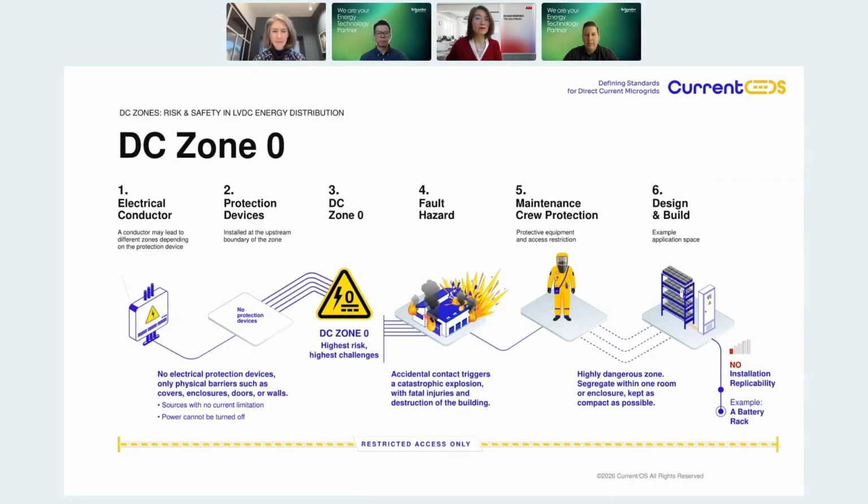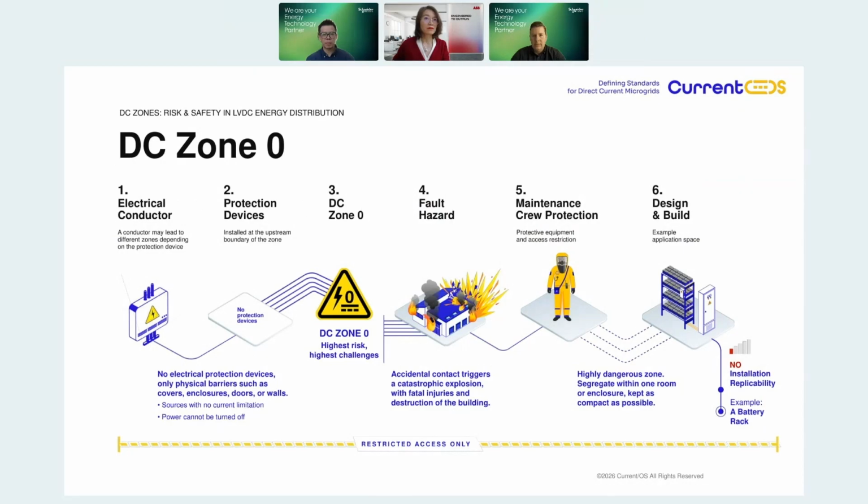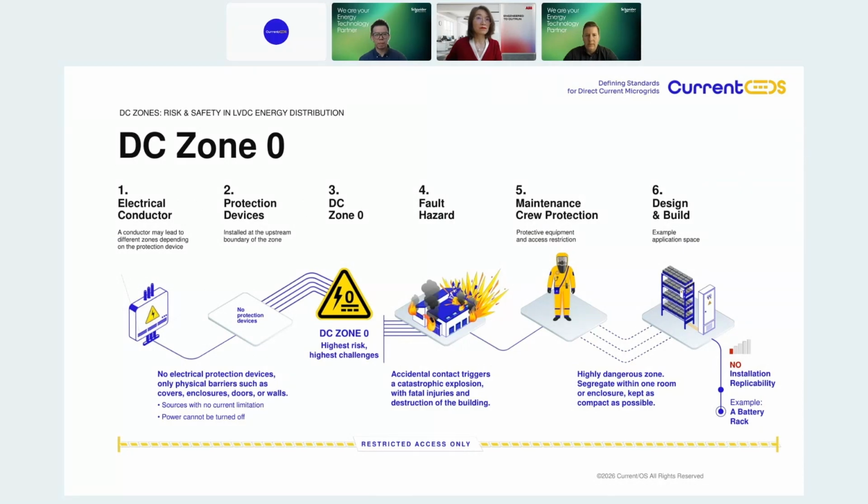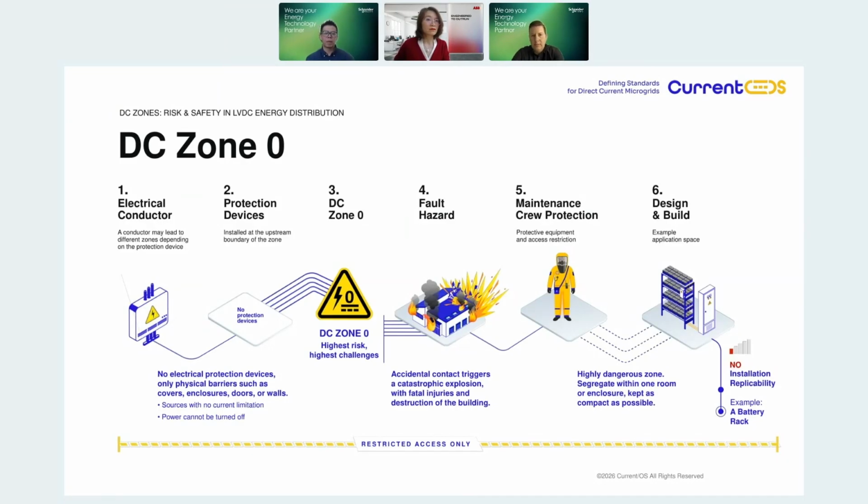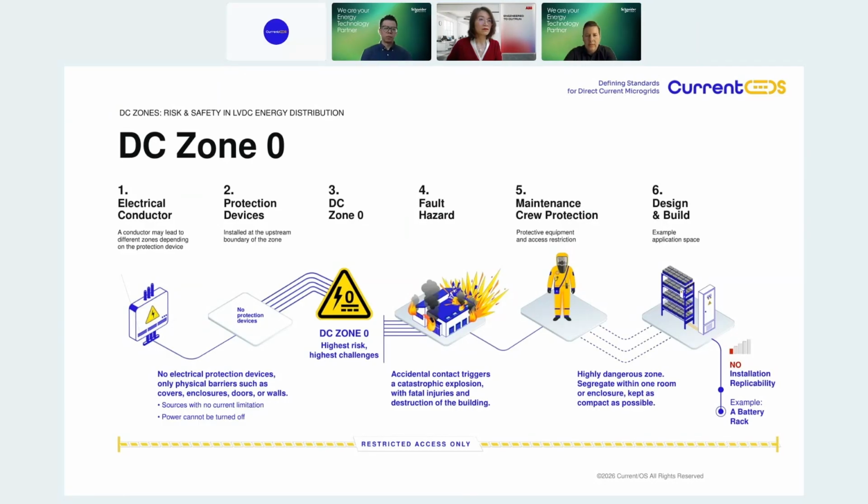If there is an accidental contact, then there is immediately a high risk, for example, an explosion with injuries or fatal destruction. If maintenance is needed, personnel need to have protective clothing. A typical example of such a DC zone 0 is a battery rack, so without even the first level of protection.